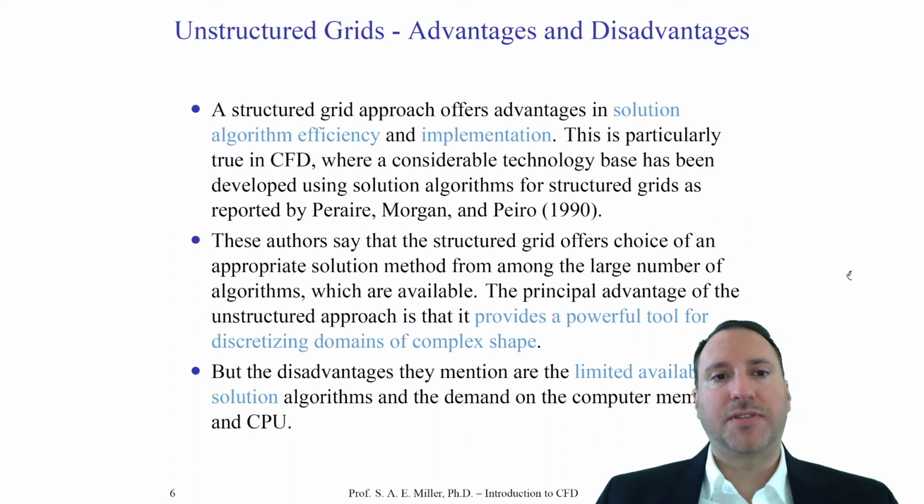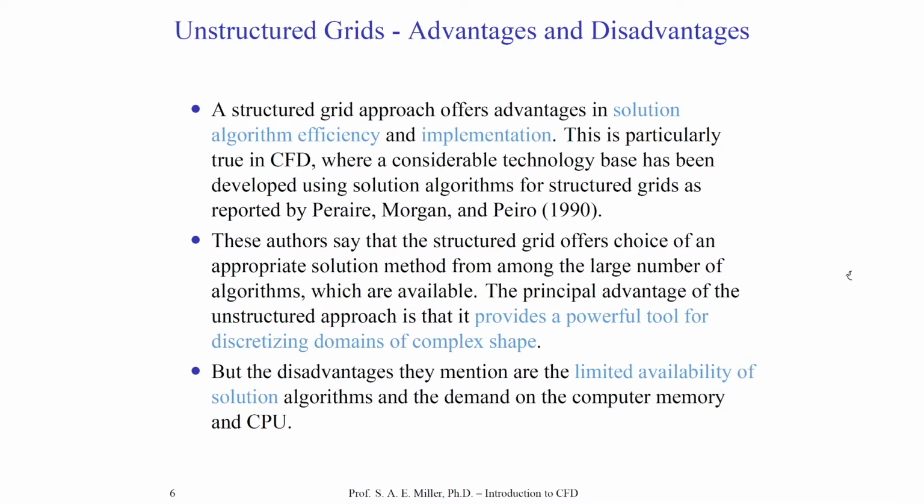It is most certainly the easiest algorithm to implement. Technology for CFD has mostly been originally developed for the finite difference approach and structured grids. You can read about this more, Bowyer, Morgan, and Pirro, 1990. They note that the structured grid offers choices of an appropriate solution method from among the large number of algorithms that are available.